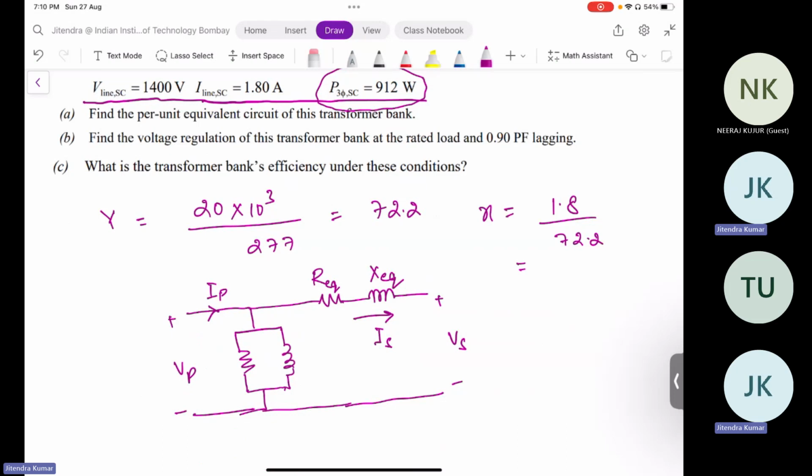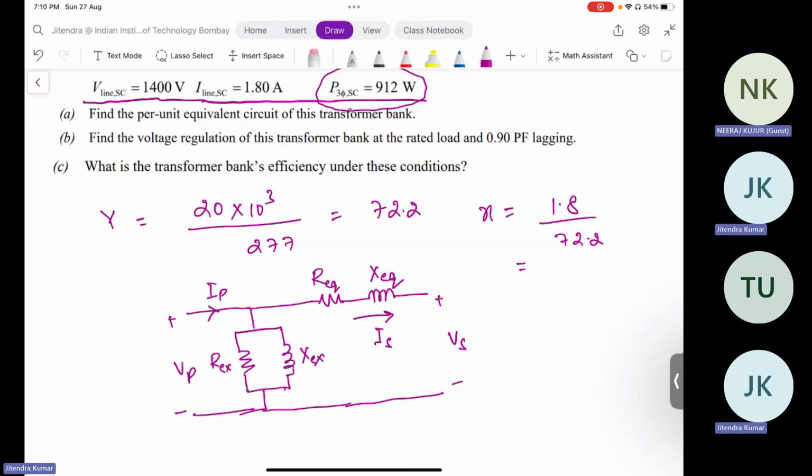So how do we proceed for this? We can compute the parallel branch parameters, the excitation branch, from the open circuit test, and the series parameters from the short circuit test.